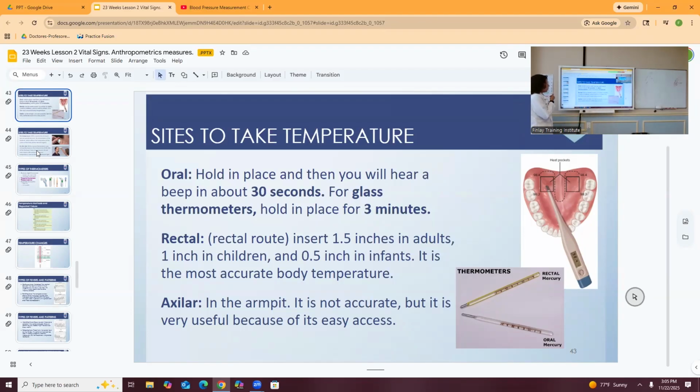If you are going to take a rectal temperature, you insert the thermometer 1.5 inches in the adult and 1 inch in children. In infants less than 1 year old, 0.5 inches, okay? This is the most accurate place for the body temperature.